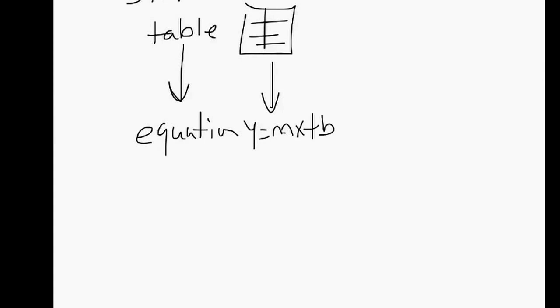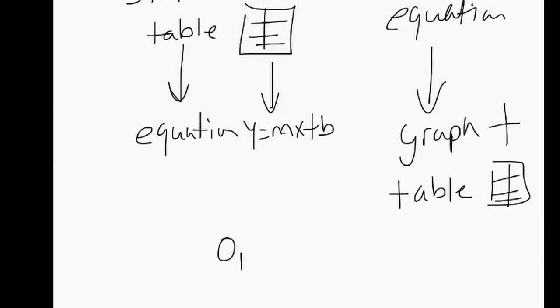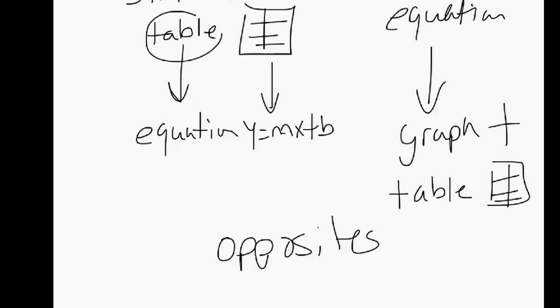Y equals lets you do equation and end up with a graph or table. So these two are really the opposites of each other. You've got to look at what you are given in the problem. If you're given a table, then you do stat edit. If you're given equations, then you do y equals. This will help you answer a lot of questions on your checkpoint and your EOC at the end of the year.